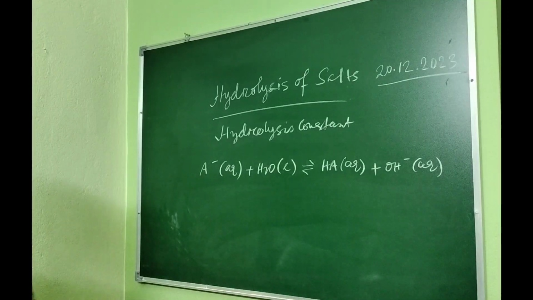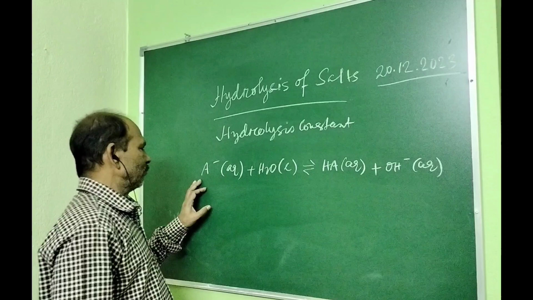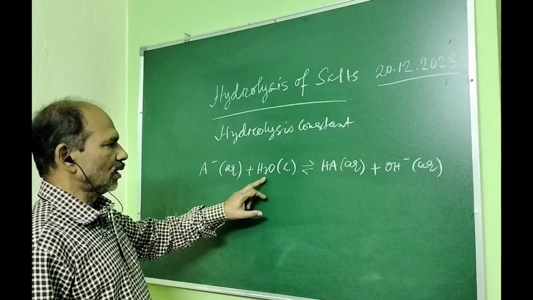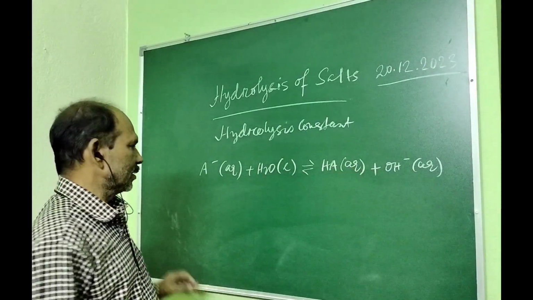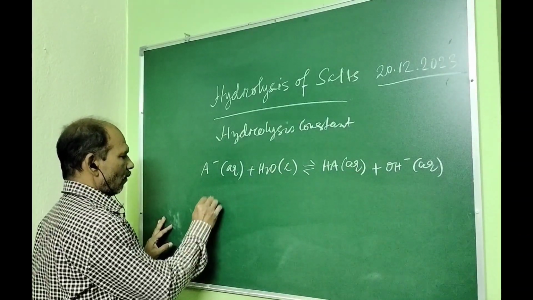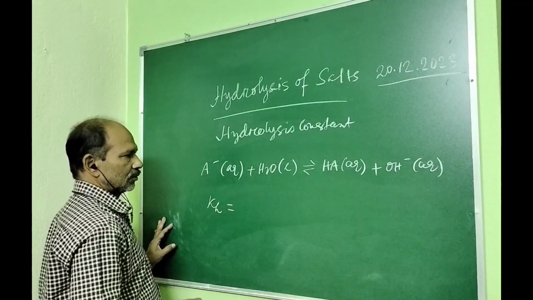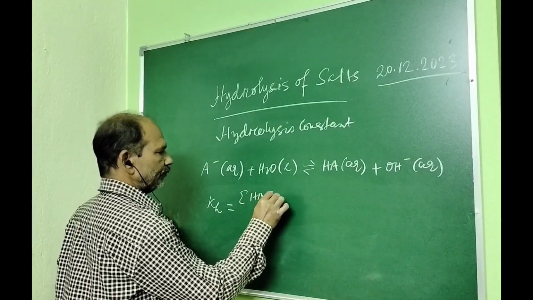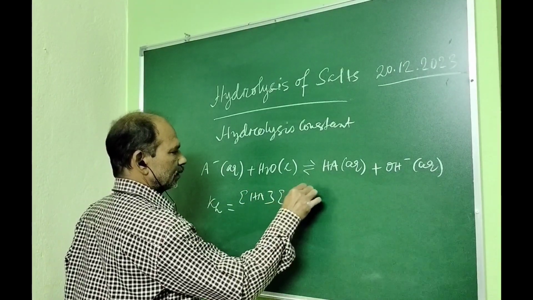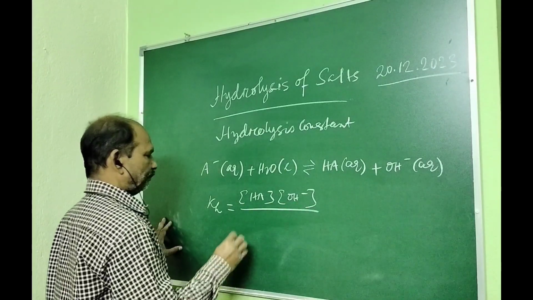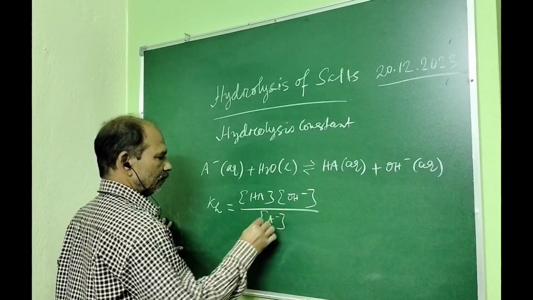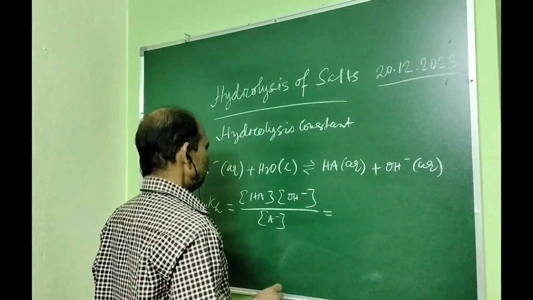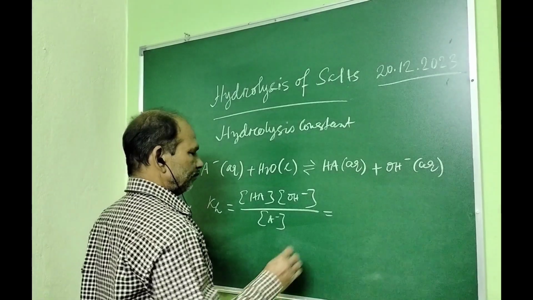Now I will discuss hydrolysis constant. For an anion, A minus ion in aqueous medium reacts with water to form HA and OH minus ion. So hydrolysis constant Kh equals concentration of HA into concentration of OH minus divided by concentration of A minus. We multiply both numerator and denominator by H plus.